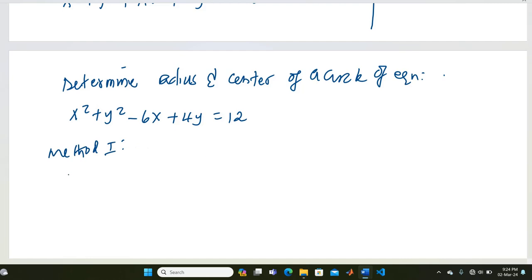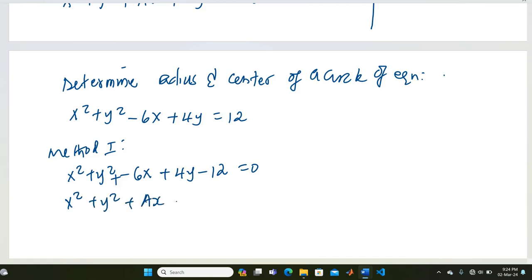So let us look at method 1. If I arrange this equation x squared plus y squared minus 6x plus 4y minus 12 equals 0, let us compare it with x squared plus y squared plus ax plus by plus c equals 0. Obviously a is equal to negative 6, and remember we said it is equal to negative 2h.